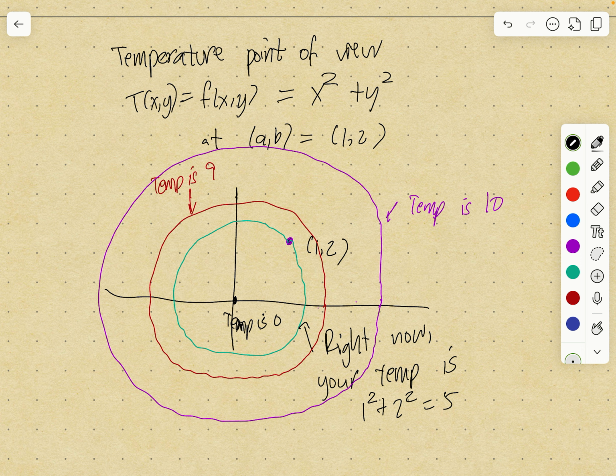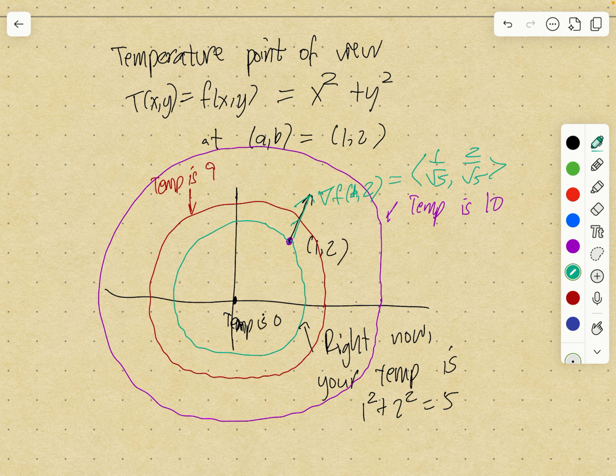And what this is saying is that if you had to go 1 unit to maximize the rate at which the temperature increases, it would be in the direction 1, 2. Right? So we found that the gradient at 1, 2 was equal to 1 over root 5, 2 over root 5.